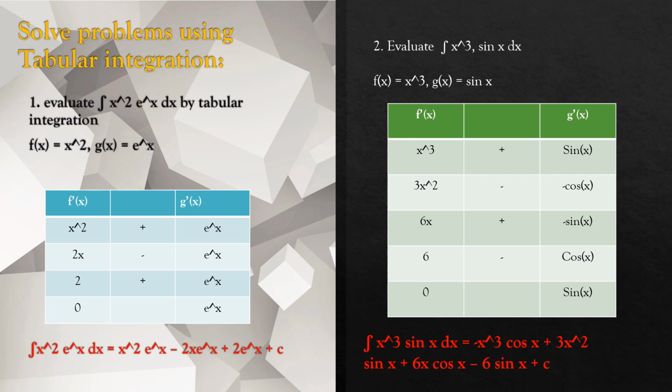Then negative 3x squared times negative sine x is positive 3x raised to 2 times sine x. Then positive 6x times cosine x is 6x cosine x. Then minus 6 times sine x, so we have negative 6 sine x plus c.